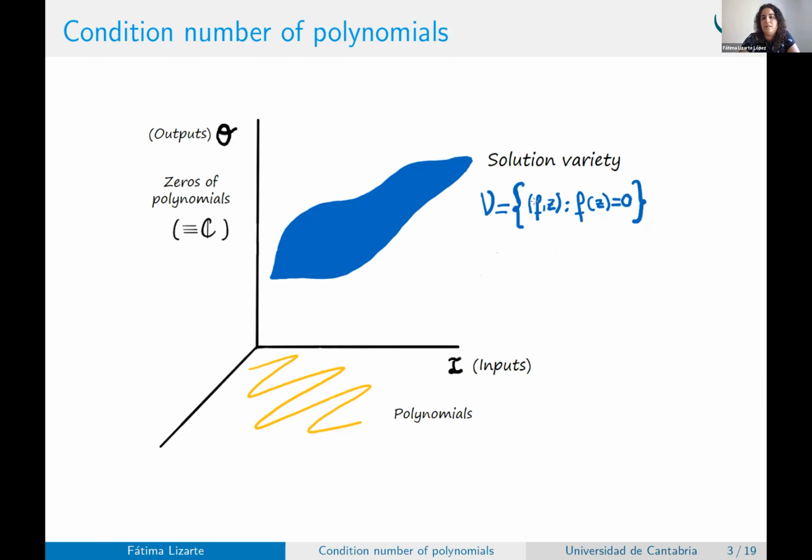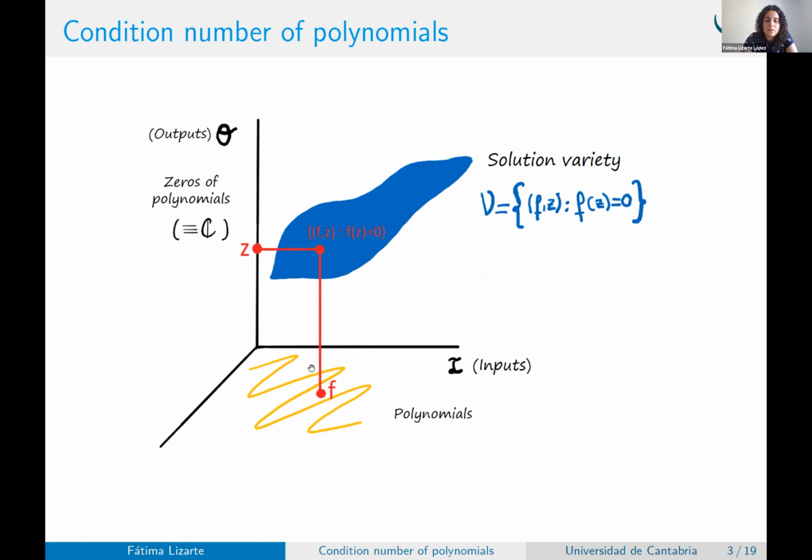In this case, the input is a polynomial and the output is a root of this polynomial. This set is a Riemannian manifold called the solution variety. Let f be a polynomial and z a root of f. The pair (f, z) lies in the solution variety.